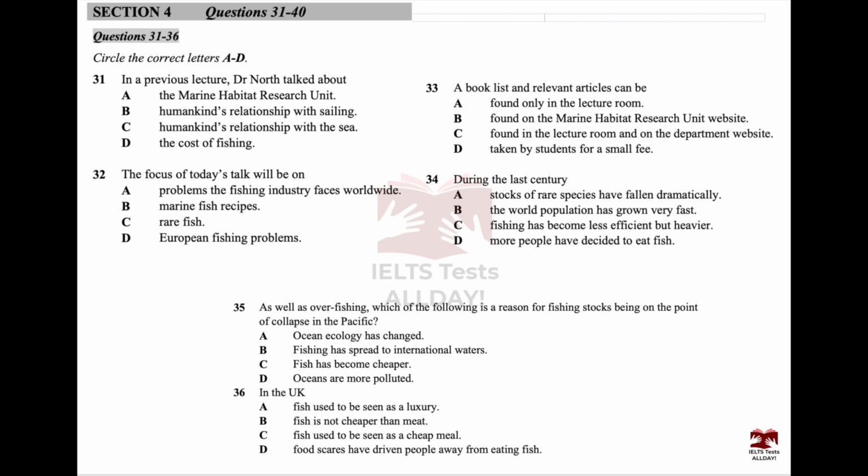People have been turning to fish as a cheap and healthy alternative to meat, driving up demand and depleting stocks. Food scares like BSE and foot and mouth disease have also driven people away from eating meat, which again is invariably replaced by fish.